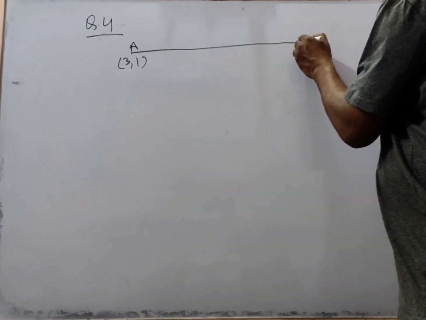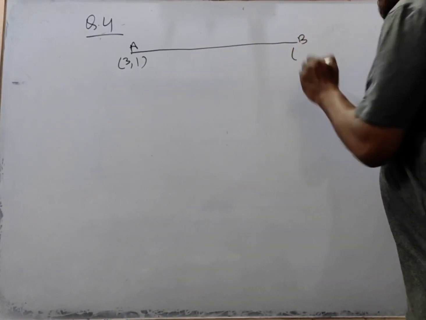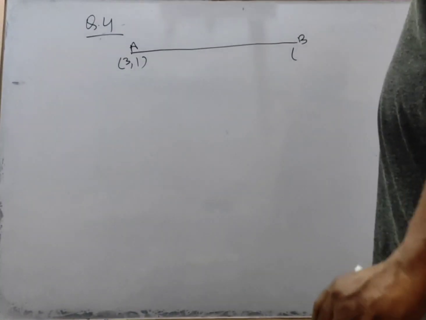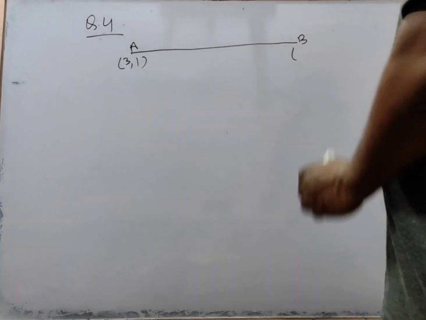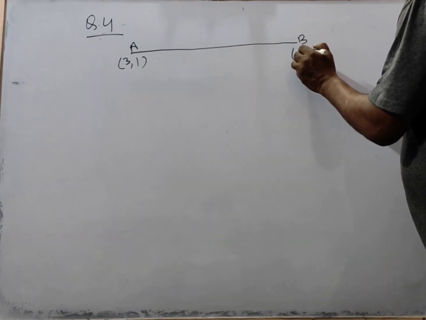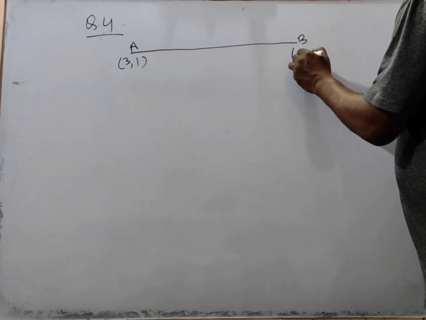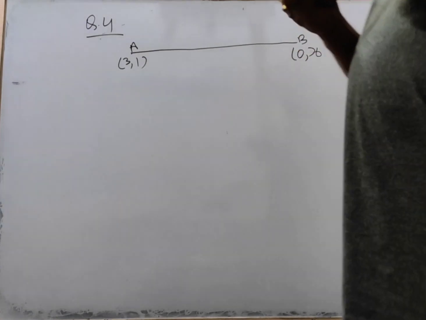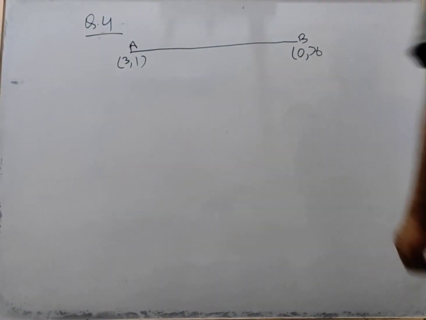And this is B. Its coordinates are 0, x. Sorry, it is on the y axis. Anyway, 0, x.